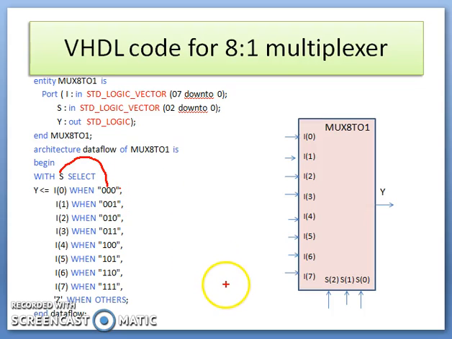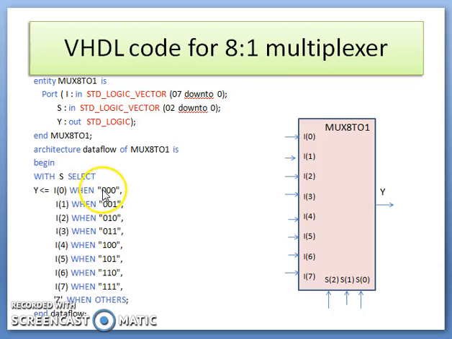So between with and select, we are writing S, that is, we are considering the select line values.